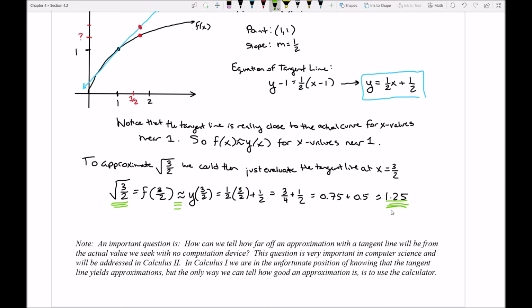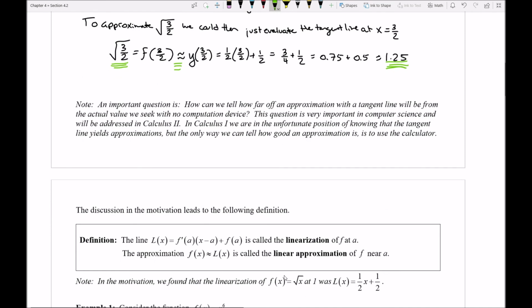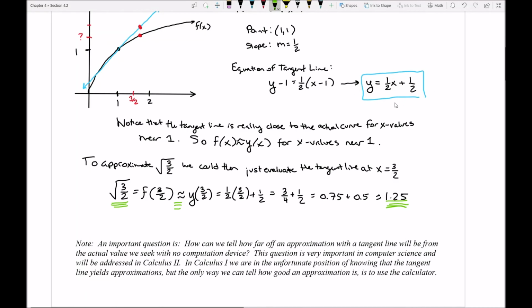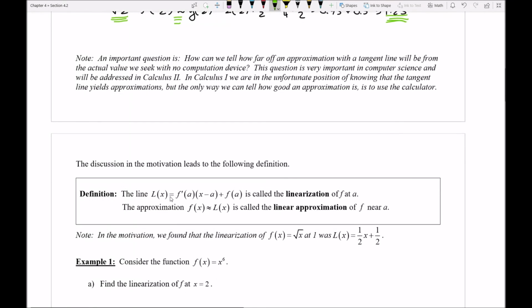Now, one final thing before we end this video is going to be the following definition. What we're going to see is that the construction of this tangent line becomes very useful for estimating this difficult y value that we have up here. And so we're going to give our tangent line y value a very special name.